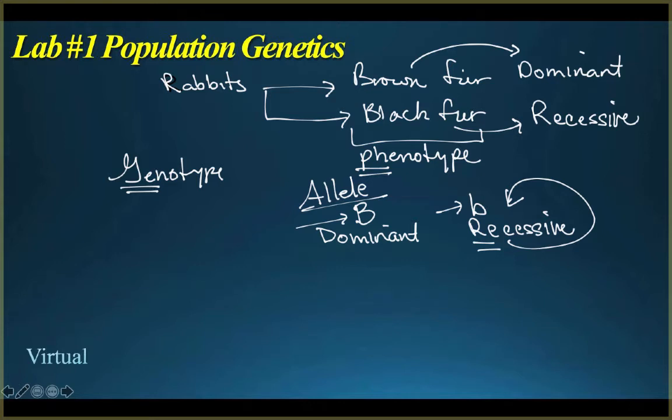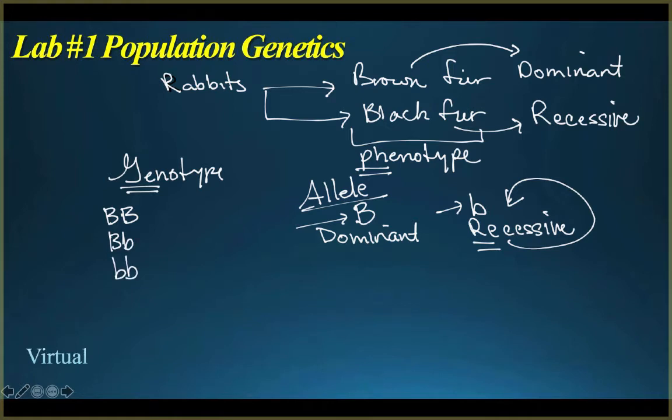Now up here I said we had phenotypes, and the brown fur phenotype was dominant and the black fur phenotype was recessive. What I really meant to say is that you have genotypes: a big B, big B is the genotype for one type of phenotype, and then you have a big B, little b, and then you have a little b, little b.